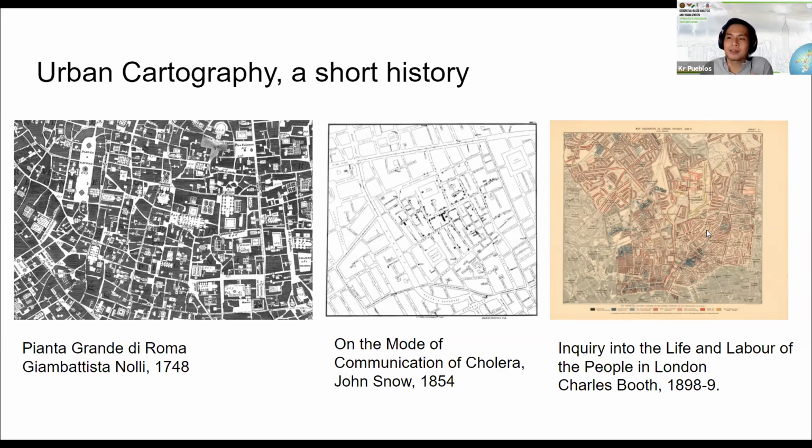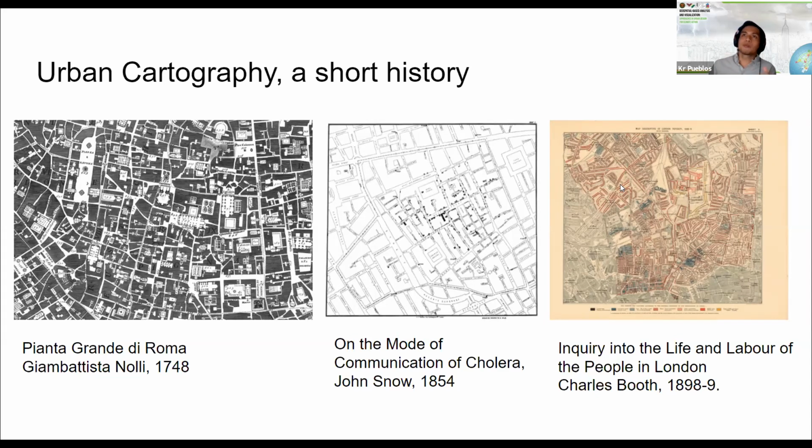So he mapped out the outbreak and really looked at where it was coming from, and then he mapped out the pumping systems, the irrigation systems, to look at where the outbreak was coming from. And then you have Charles Booth's maps of poverty, about life and labor and people in London.